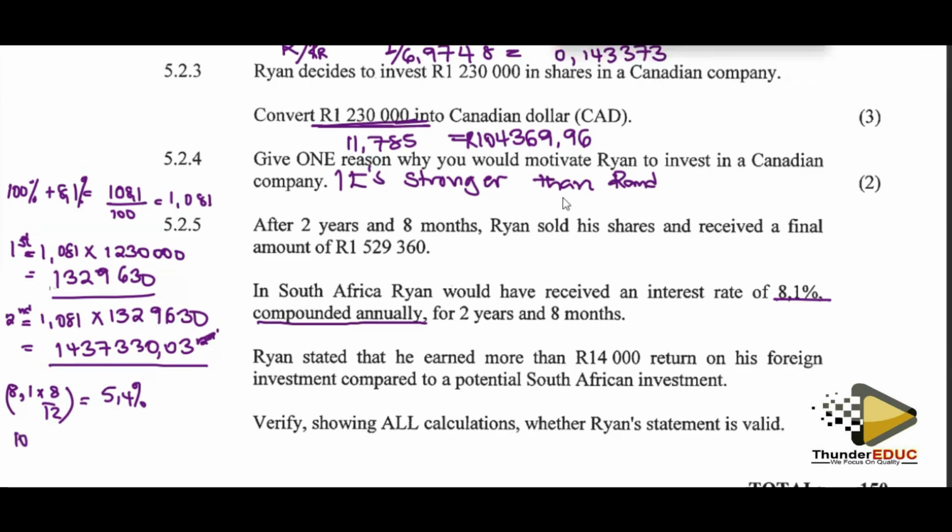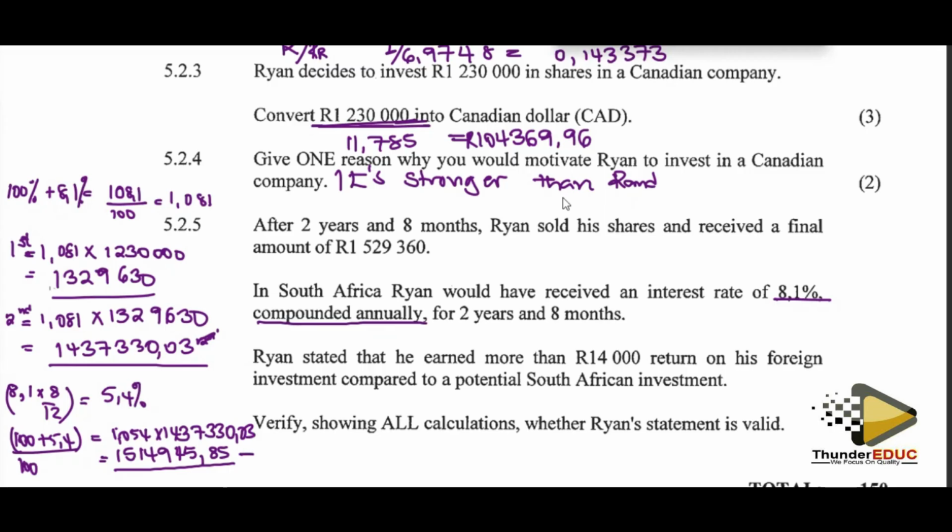So from there, we shall say again 100, which is looking for the money for the 8 months, guys. So finally, after 2 years and 8 months, he has this much.